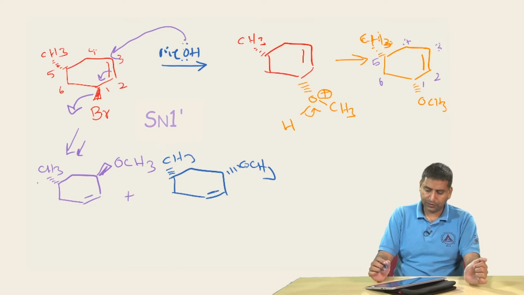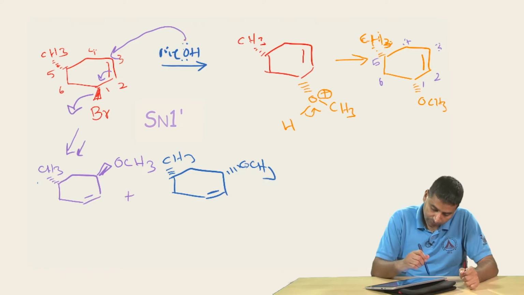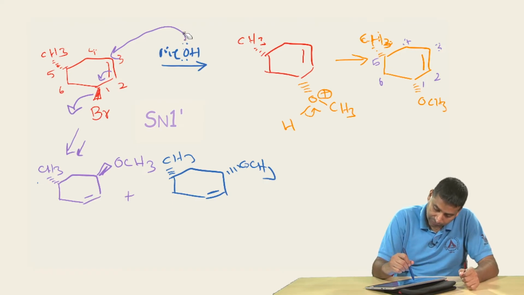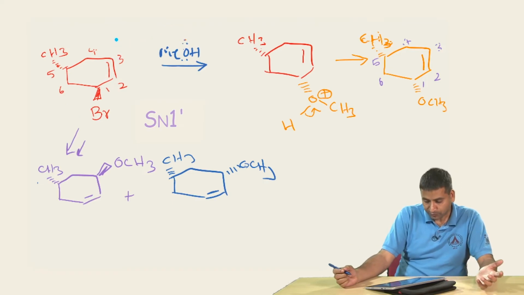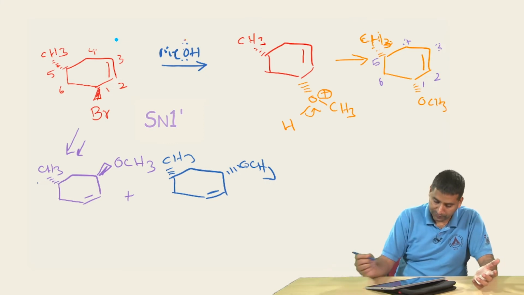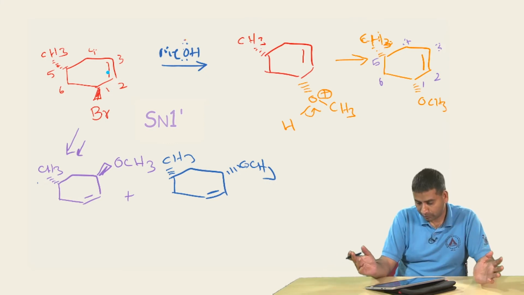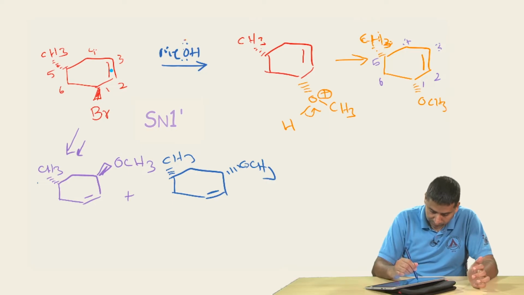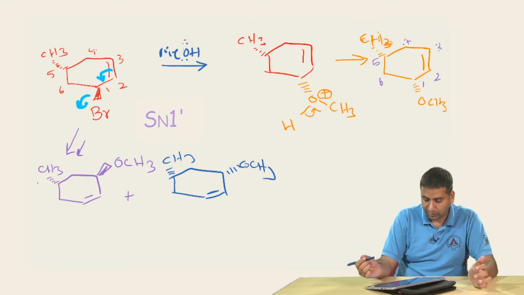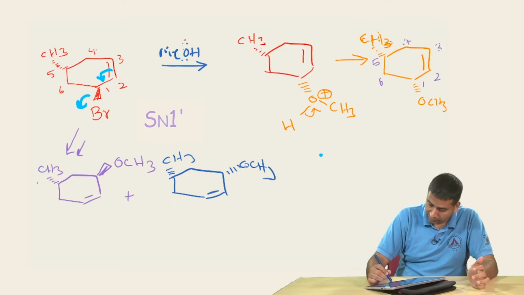If you now consider the possibility that you can have another reaction outcome, let us look at it in the following way. Now it is possible that you can have this allylic migrating and producing some sort of a carbocation, and that the intermediate carbocation would be of this structure.